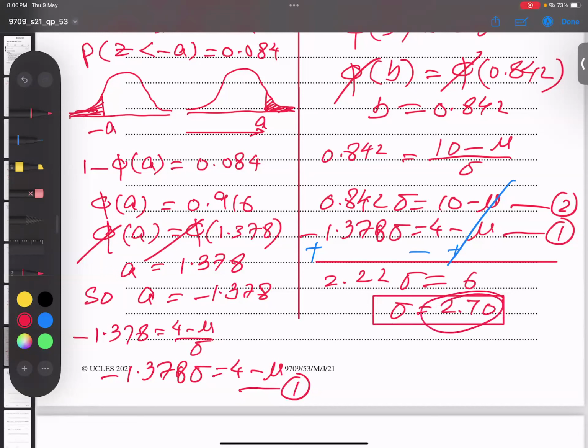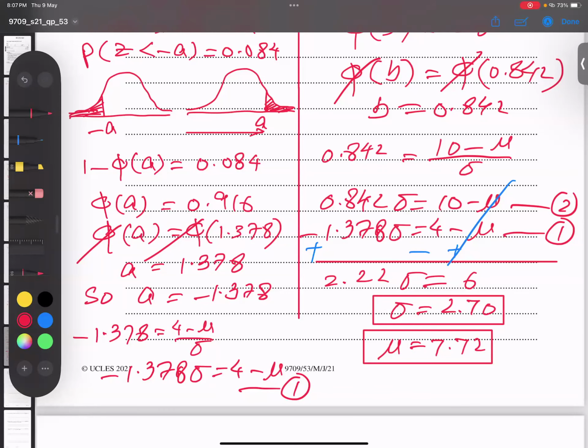And if I plug in this value in any one equation here or there, I just type directly, and mu value is coming 7.72. And I believe the question is very clear. I hope you understood this question of normal distribution.